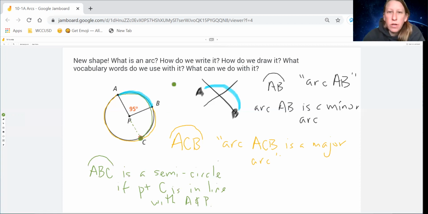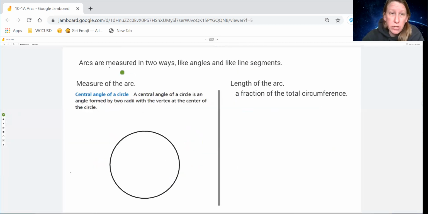What can we do with an arc? Well, we can measure it. And there are actually two ways to measure arcs, because arcs are kind of related to angles. If I draw an angle, I put this little arc in the middle of it, right? So I can measure that distance. But an arc is also related to a line segment because an arc is part of a circle, right?